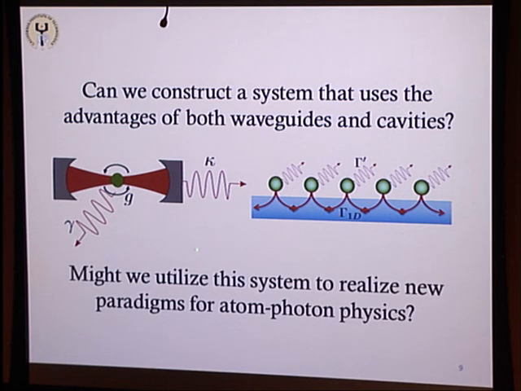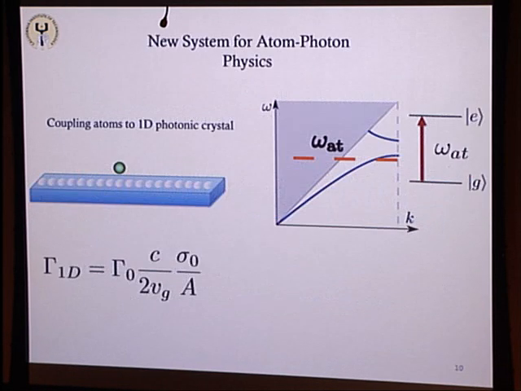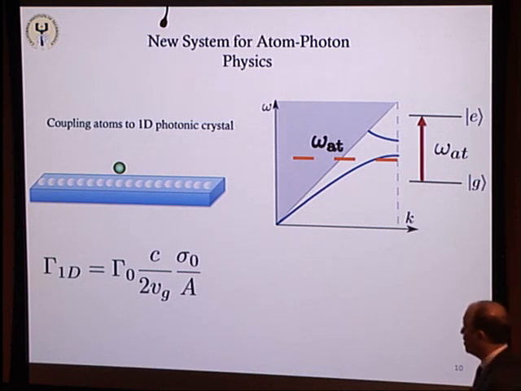And then also, could you utilize this sort of system to realize new ideas in atom-photon physics? I think the answer is yes, and I'll try to convince you of that for the remainder of the talk.